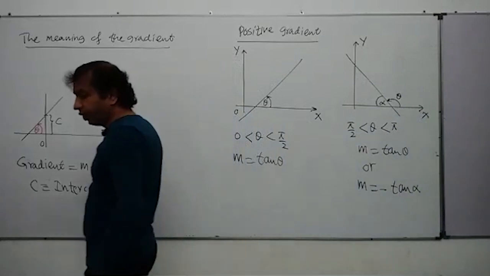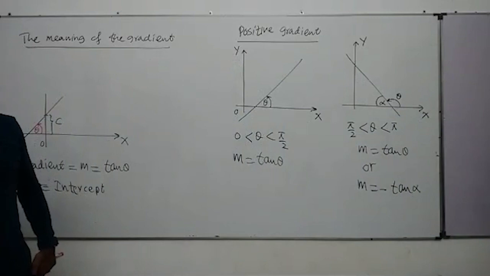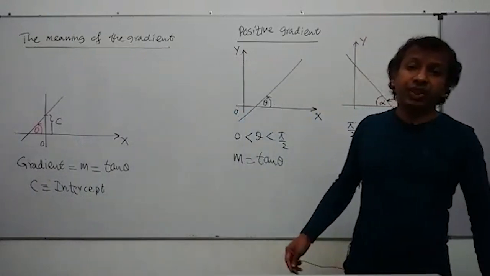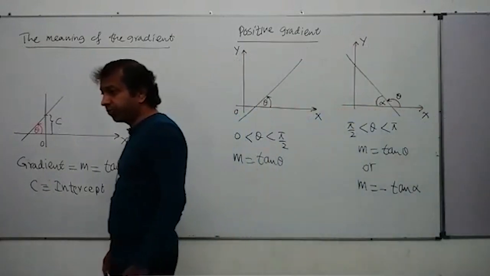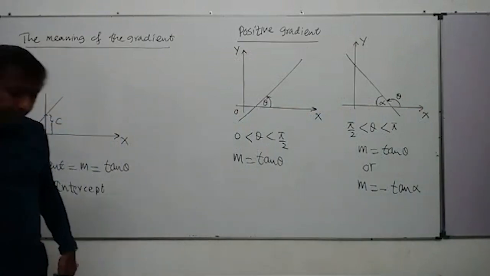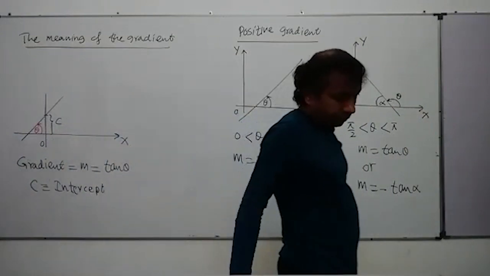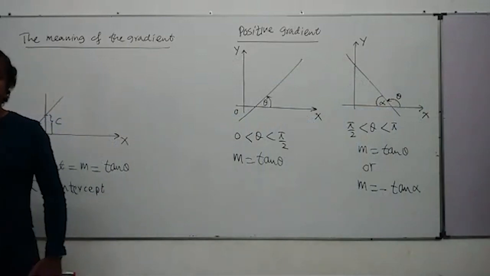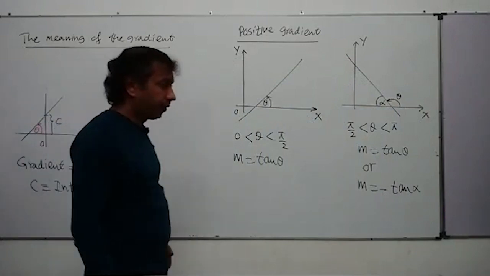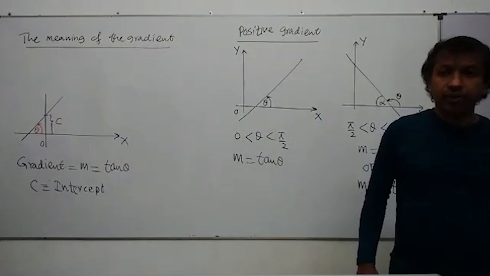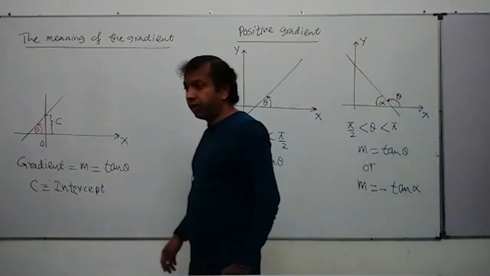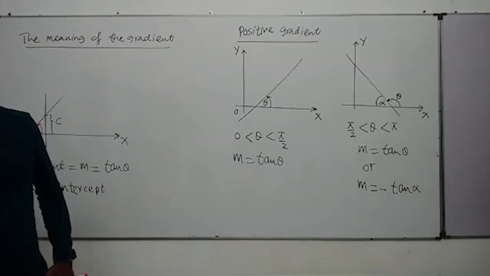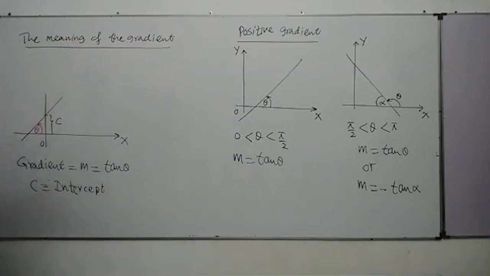Rate of change of y with respect to x. That is, as x changes by 1 unit, the corresponding change in y is called the rate of change of y with respect to x.